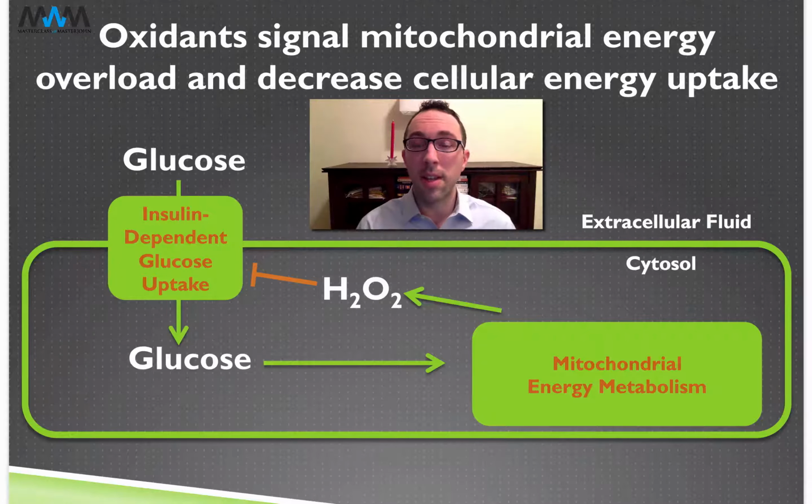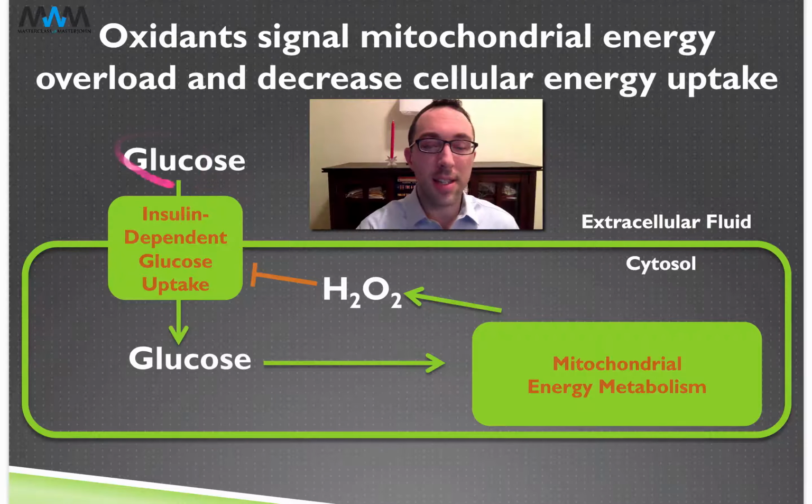And glucose accumulates in the blood. Now, this will inhibit even insulin-dependent glucose uptake, which means that the cell is not responding to the insulin. That's insulin resistance.